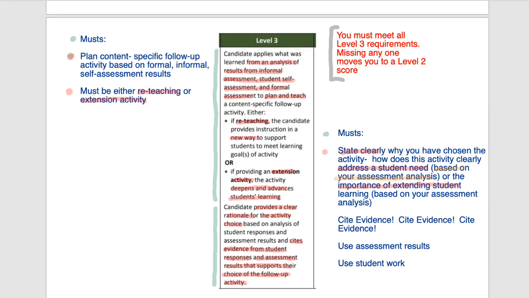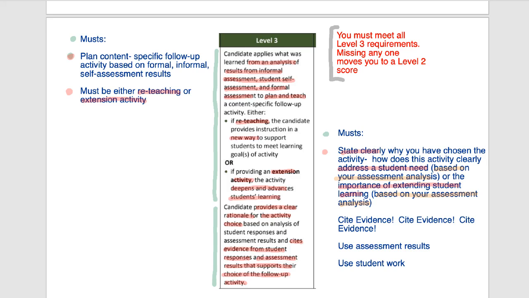But this also needs to be based on your assessment analysis. So if you're doing a reteaching lesson, what in your analysis of your assessments tells you that this is the right thing you should be doing? If you're doing an extension activity, what in your analysis of student results on your assessments tells you this is the right kind of extension activity?